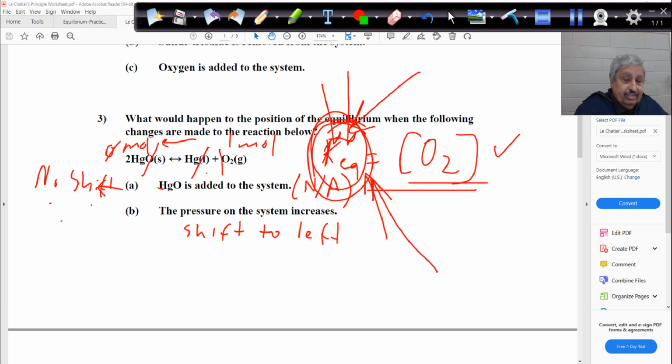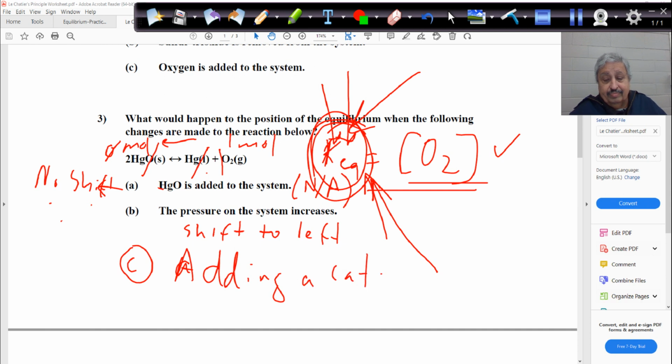So now C, I will add the C here, adding a catalyst. So what will be? Where is the shift? We said adding a catalyst has nothing to do with the chemical equilibrium. Chemical equilibrium has to do with the rate of the forward reaction equal to the rate of the reverse reaction. It has nothing to do with the speeding catalyst, so no effect.